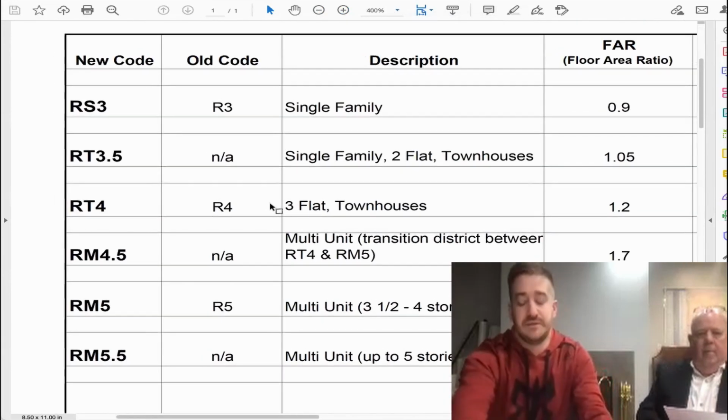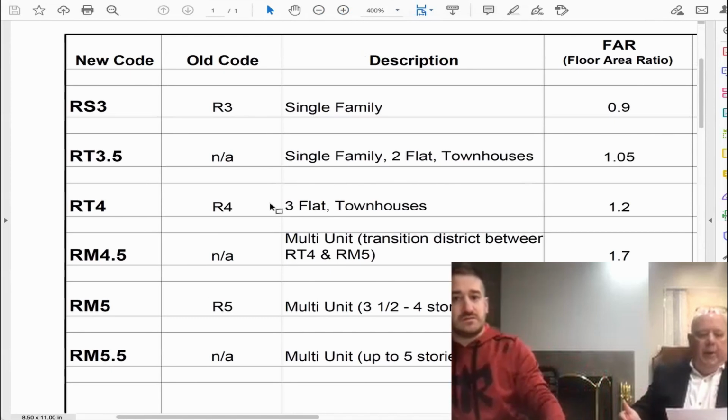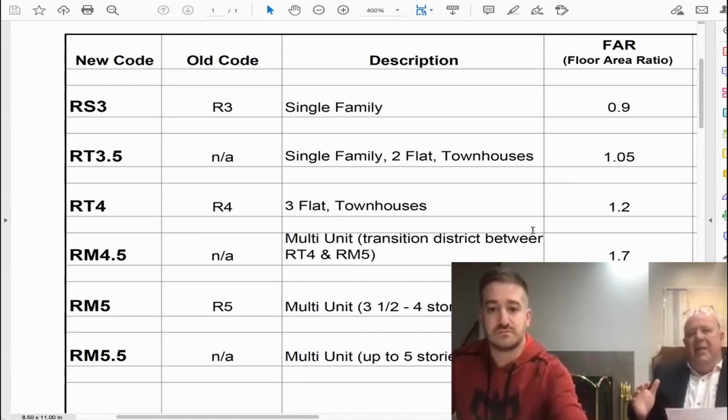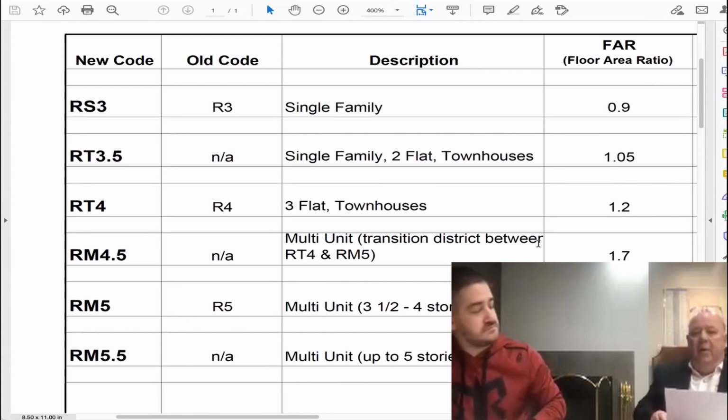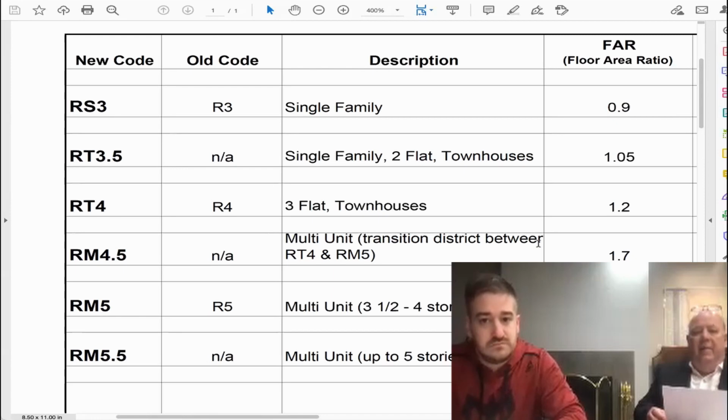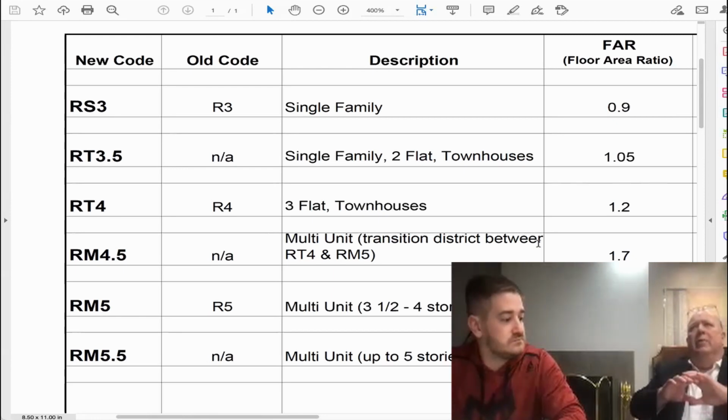So as you can see, there are basically 5 different types of zoning. It's R for residential, B for business, C for commercial, M for manufacturing, and then there's a wide range of open things that are specific.